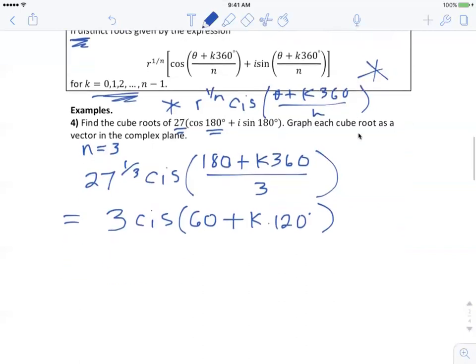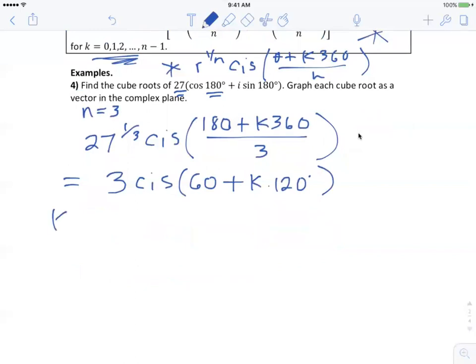Okay, now we're going to start plugging in k's. Always start with 0 and just keep on going until you have the number of answers you're supposed to. In this case, 3 answers. So if I plug in k equals 0, I get 3 cis 60.